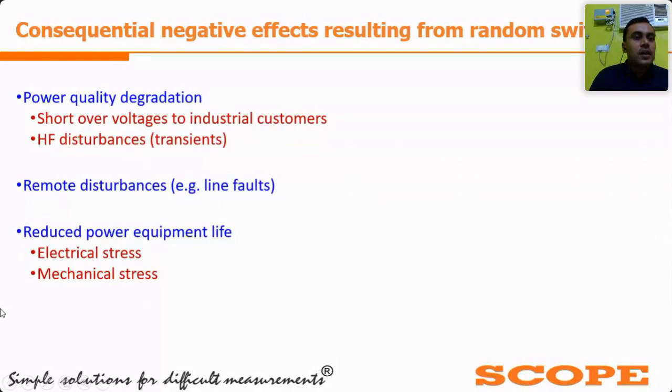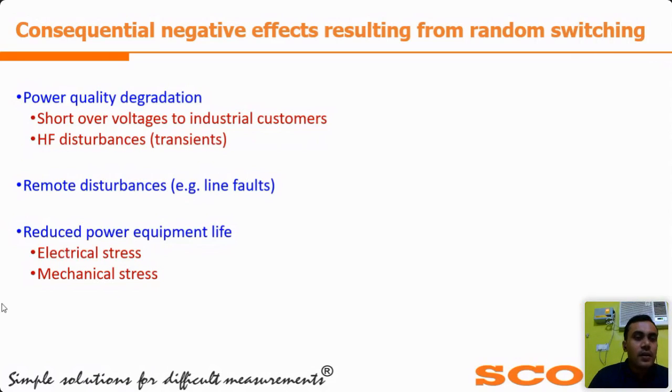What are the consequential negative effects? First of all, power quality degradation, short over voltage to industrial customers, and high frequency disturbances. Transients will arise in capacitor banks due to uncontrolled closing and opening operations.